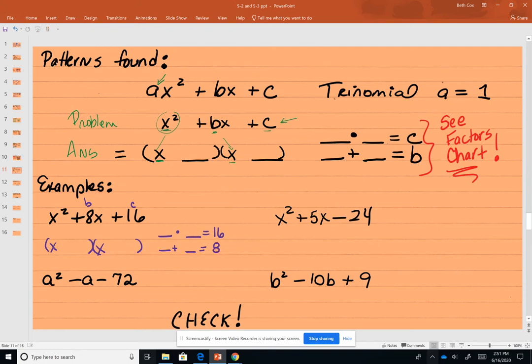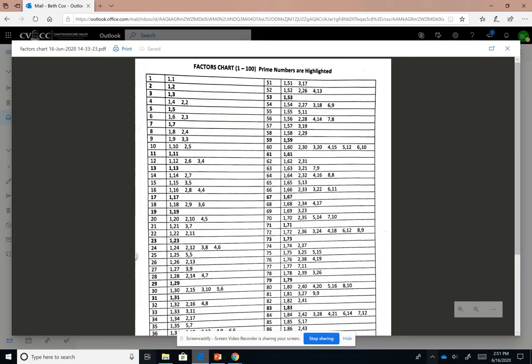Now some of you may know these from your multiplication facts already, but everybody is going to be emailed a factors chart. And I need you to print that out. So let me show you your factors chart. I'm going to switch to another place on my computer. There's the factors chart.